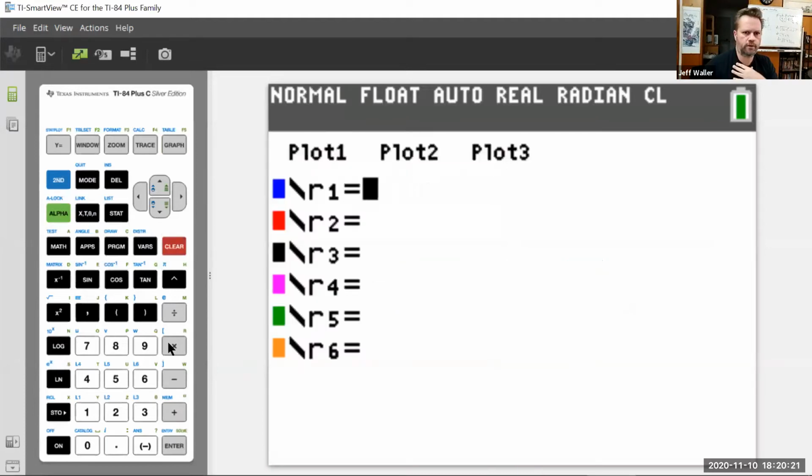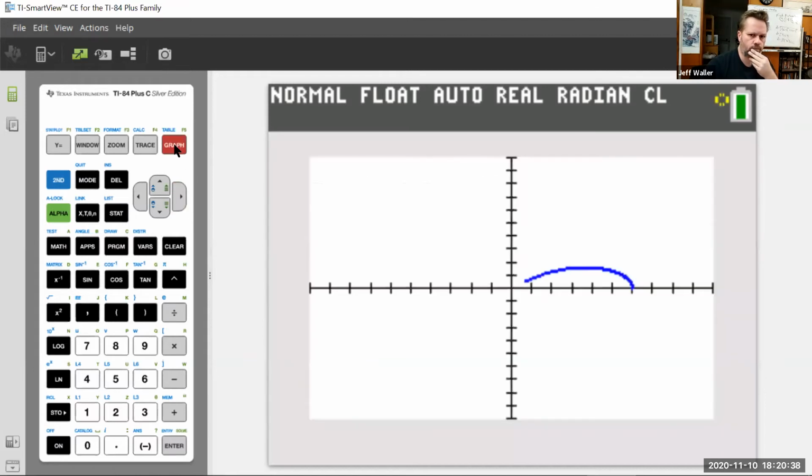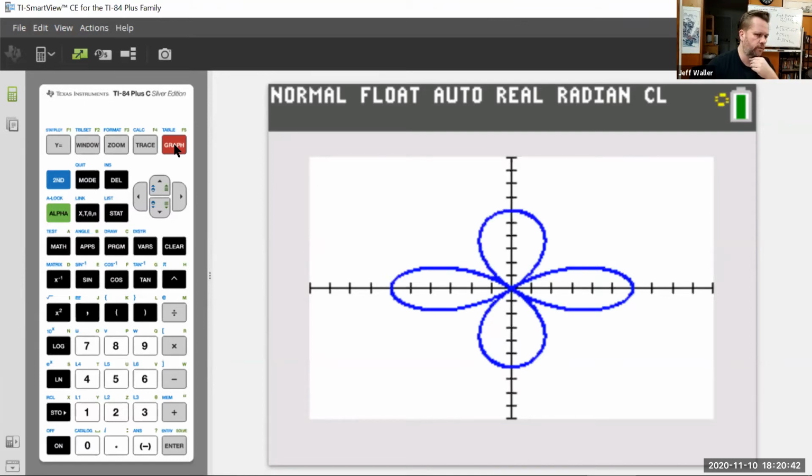All right, so let's see. If we do a rose, let's just do 5 sine. I'm sorry, we could do cosine of 2 theta. Actually, let's do 6. So that's sort of like what we just did, just no square root, right? With roses, it's going to have double if it's even.